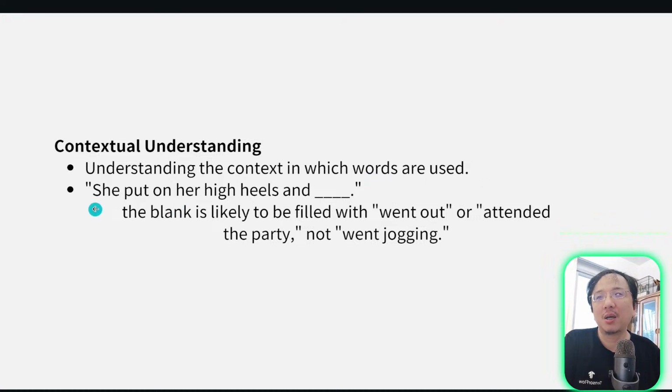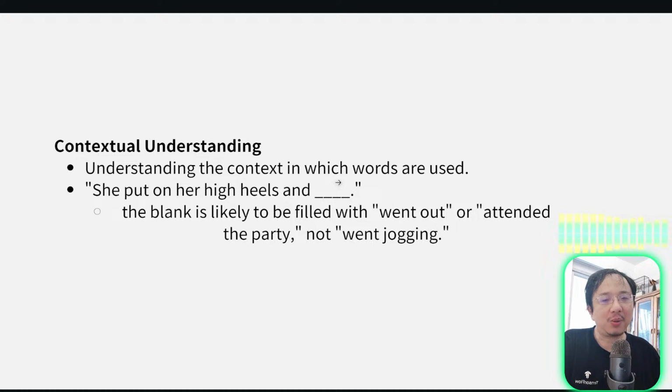For example, here, she put on her high heels and something. If you want to complete this and achieve a high percentage of correctness, you will have to understand what this sentence means. Because it should be related to her, she, and the high heels.